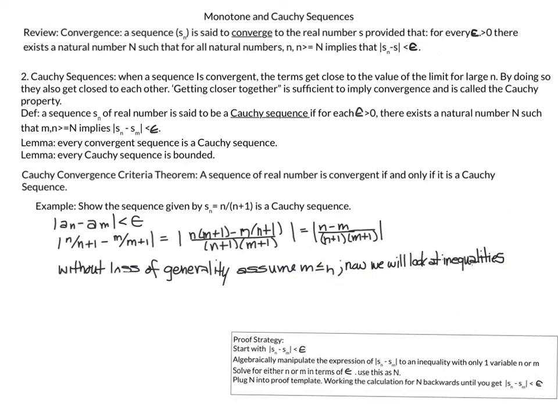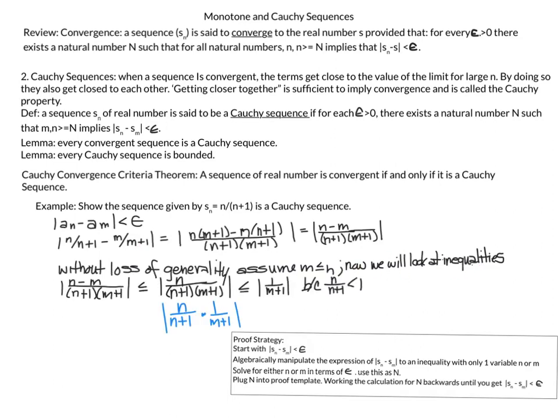And now I'm going to look at the inequalities. In particular, I'm going to do the algebraic manipulation of the expression here to eliminate one of the variables, so I'm left with either n or m, by using inequalities. I have just written this algebraic expression here, and then I separate this out.